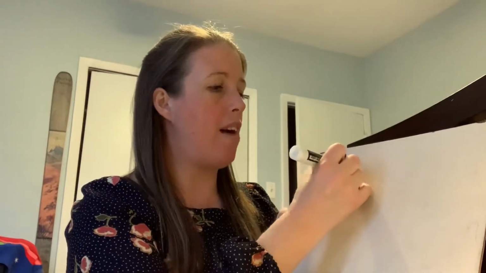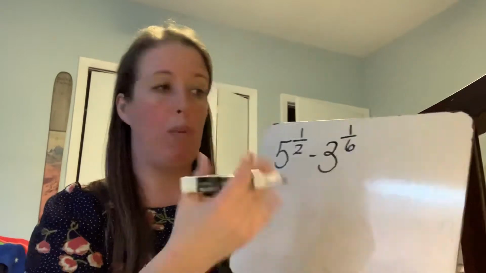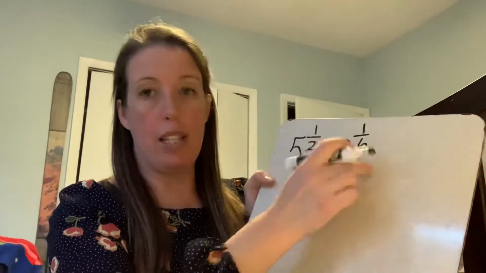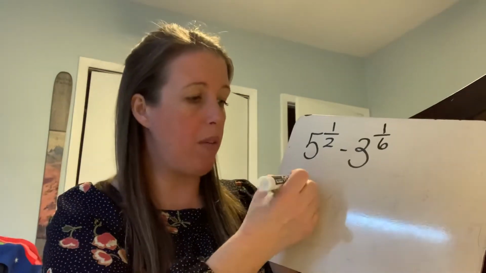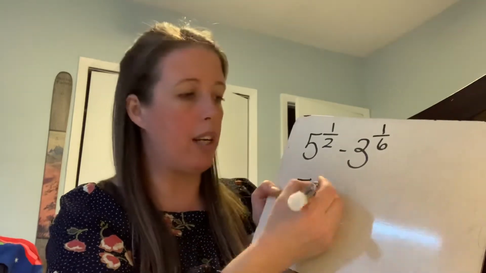Now, the reason today's lesson is going to be different from the one that you watched the other day is because the other day we were subtracting fractions, and just like a quick refresher, we had 5 and 3/6 minus 3 and 1/6.